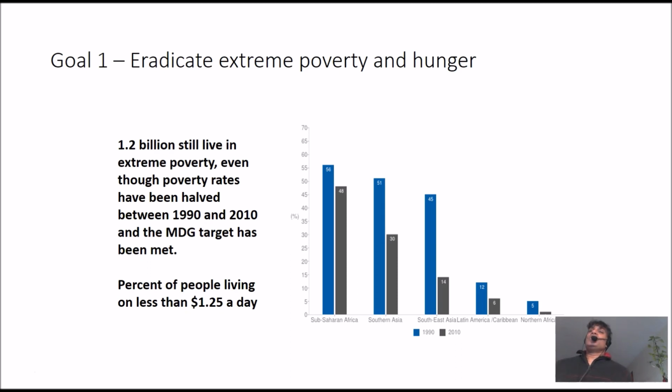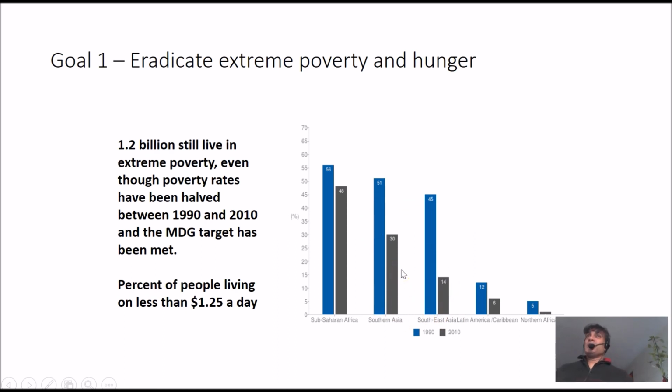Goal 1 was to eradicate extreme poverty. This graph shows us in the blue where we started out in terms of the number of people living beneath the global poverty line of $1.25 a day. We started out pretty high, and we came down universally across the world, with the biggest drops in South Asia and Southeast Asia. What's the story there?